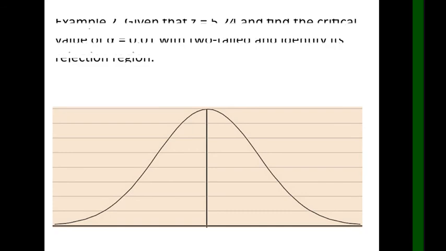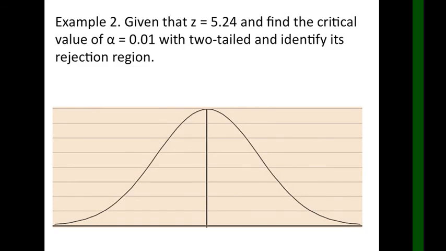You got it? Another. Example 2. Given that Z equals 5.24 and find the critical value of alpha equals 0.01 with two-tailed and identify its rejection region. Okay. So, ang na-solve natin, for instance, step number 3 is Z equals 5.24. And then, hanapin natin ang critical value ng 0.01 at two-tailed. So, non-directional siya.